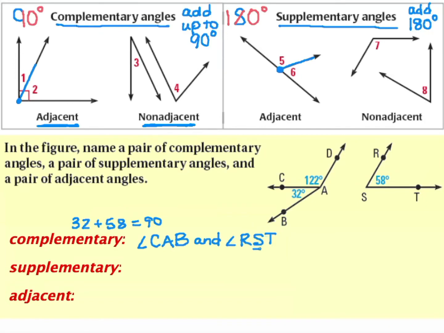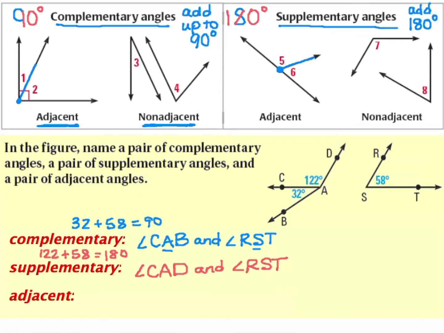Again, I have the vertex letter in the center. Let's switch to supplementary. Do you see anything that adds up to 180? 122 plus 58, that is 180. So which angles? The 122 degree angle is angle, I could go CAD. And then our 58 degree angle again.